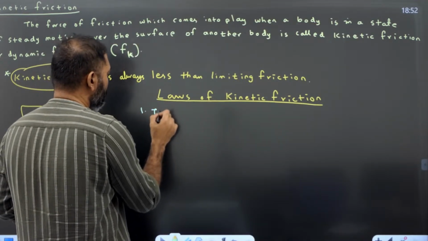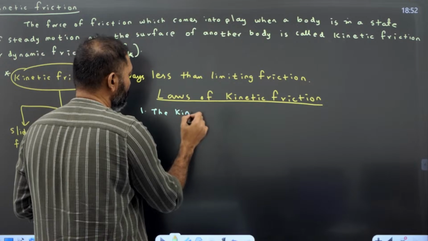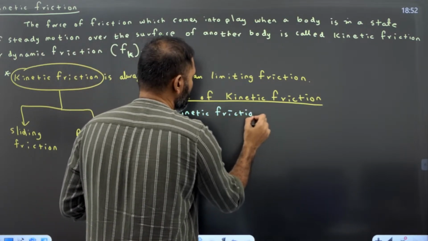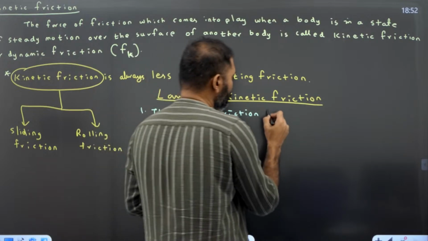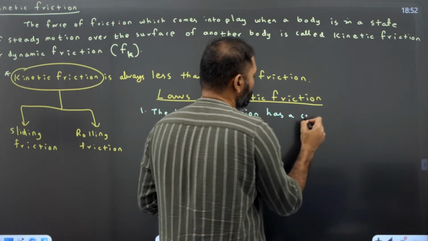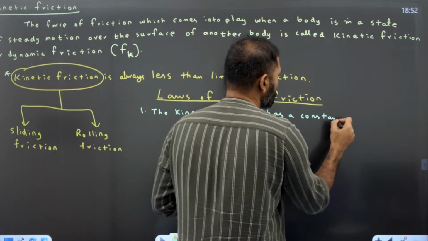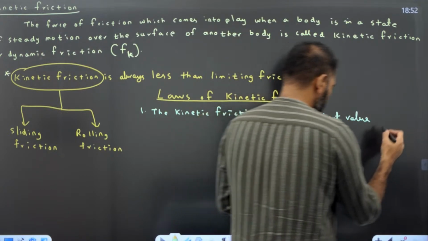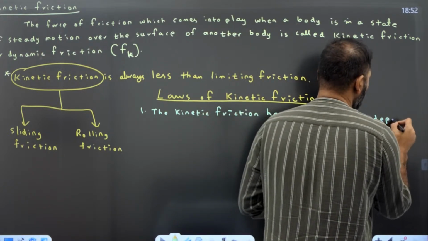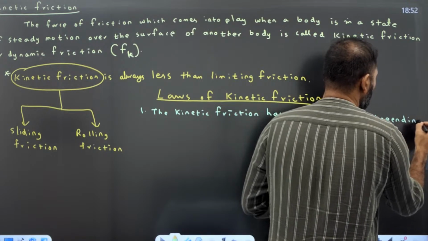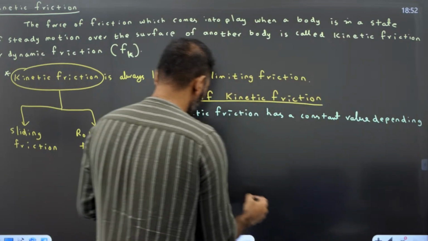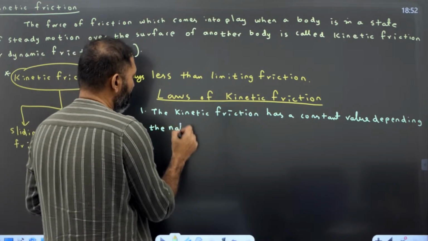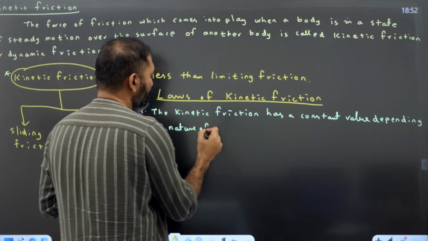First one, the kinetic friction has a constant value depending on the nature of two surfaces in contact.